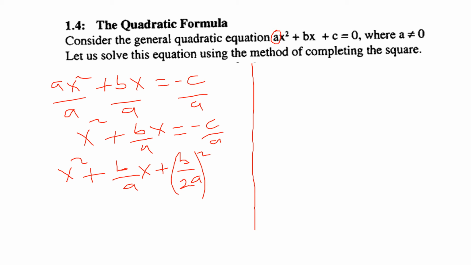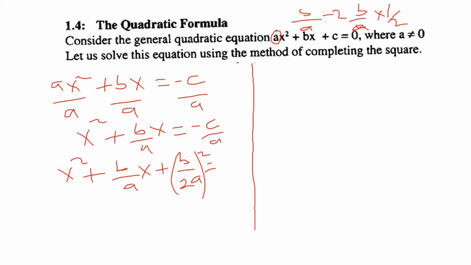The reason why we have said it is 2a is because remember here we shall have b all over a, then divided by 2. To remove the division sign, we multiply with the reciprocal, so b all over a multiplied by half gives us b all over 2a. That's the reason we have that.